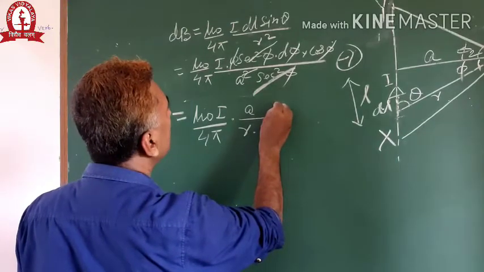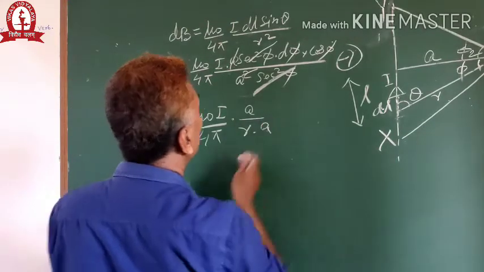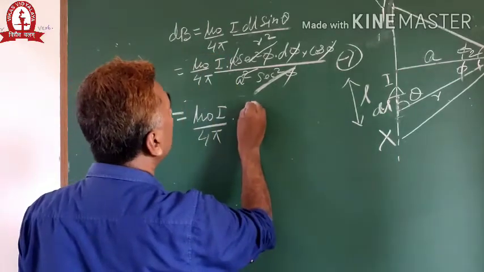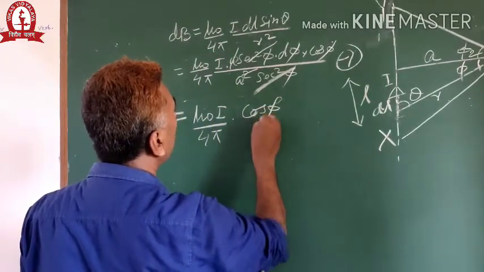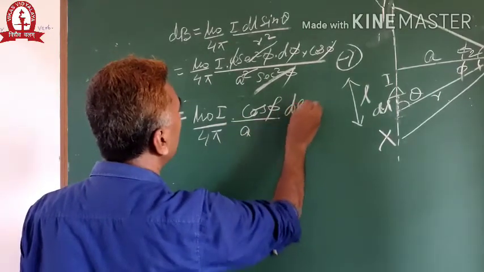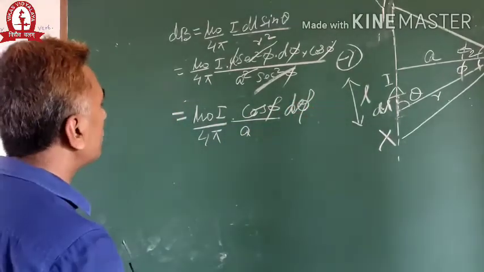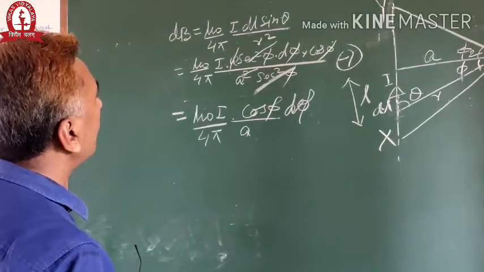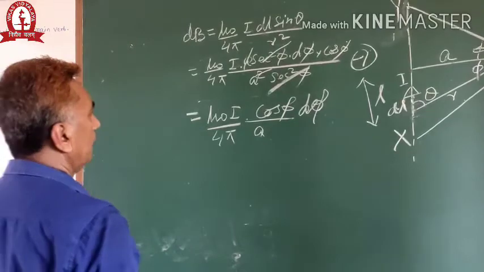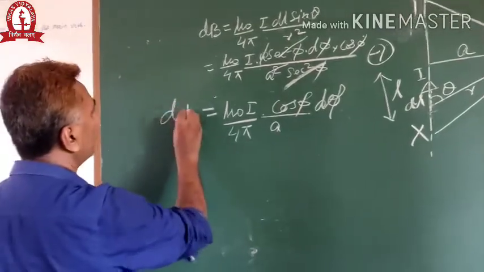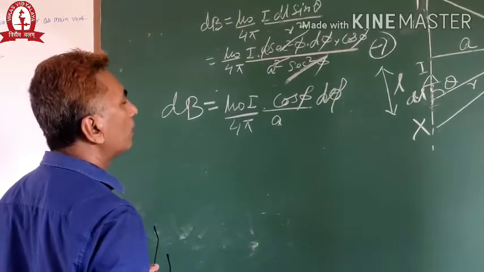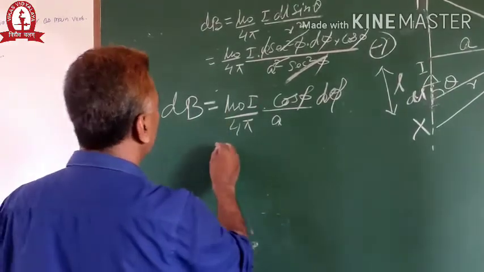Now here you write cos phi by a into d phi. Cos phi into d phi. Now see here, dB is equal to mu naught I by 4 pi cos phi into a.